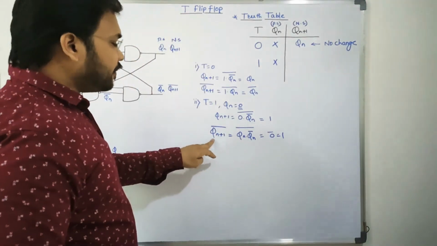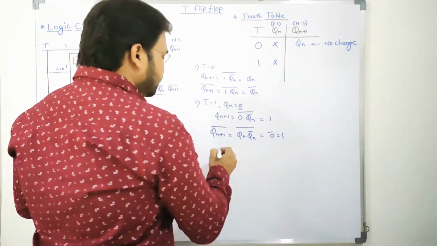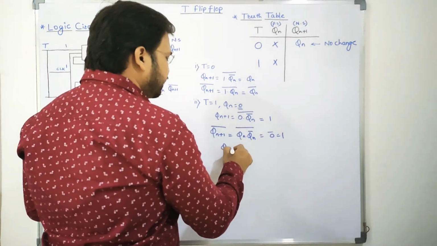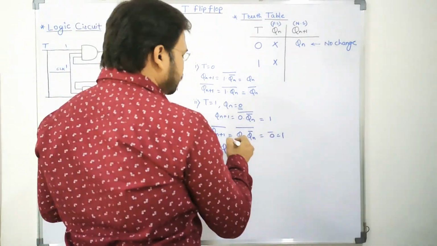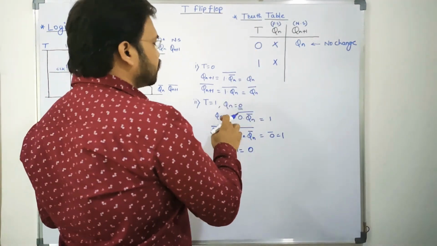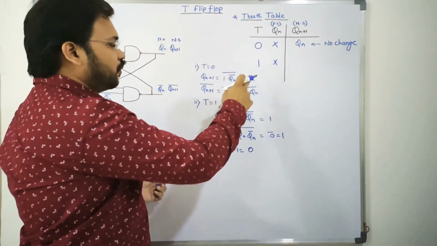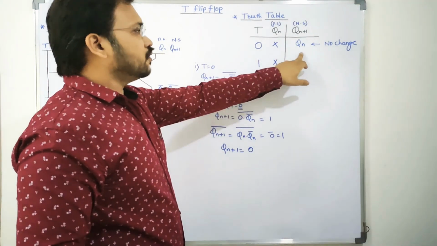So as Qn plus 1 bar is equal to 0, with this relation we can say that Qn plus 1 is going to be 1. So here, when t is equal to 0, the output is Qn.